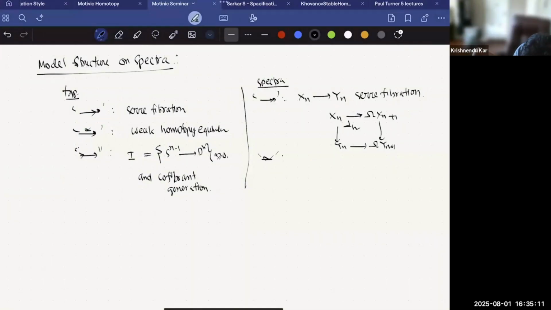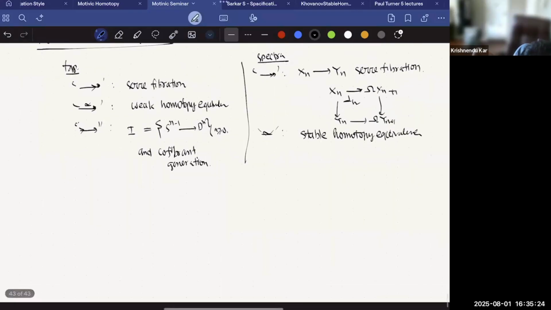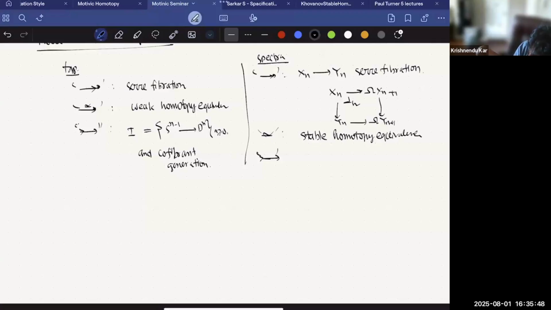Your weak equivalences are your stable homotopy equivalences. And your co-fibrations. Here also I can give you a generating set, and the generating set is this. Your I cells are this guy.